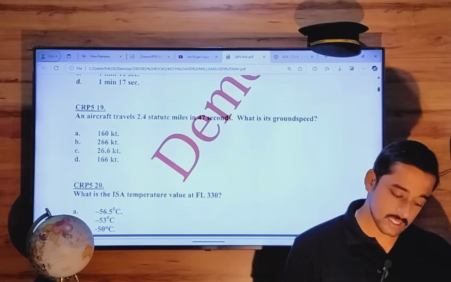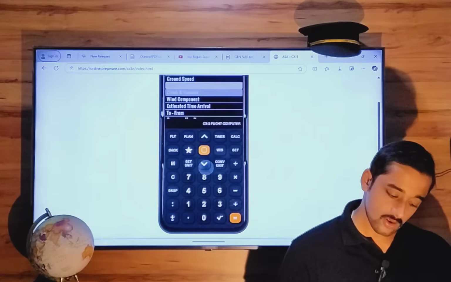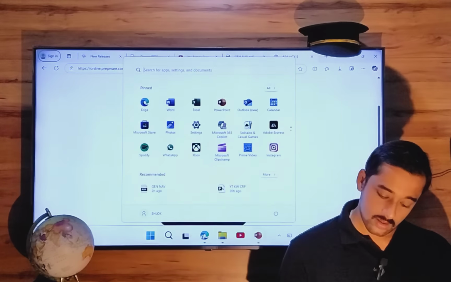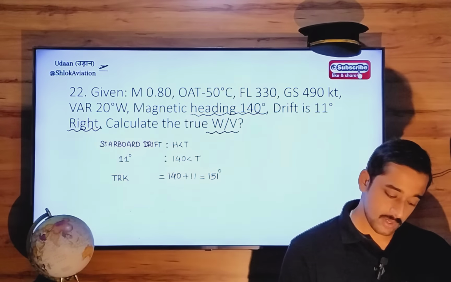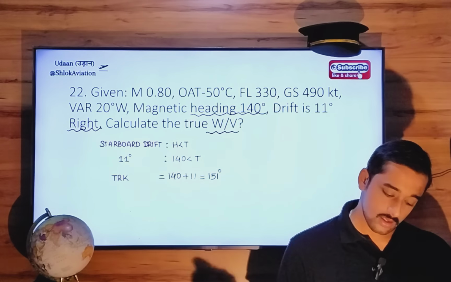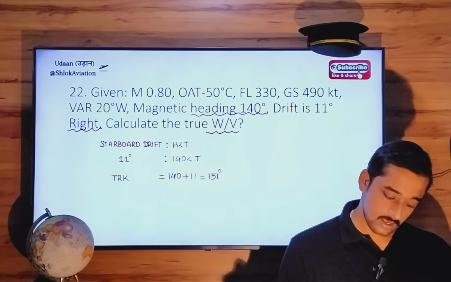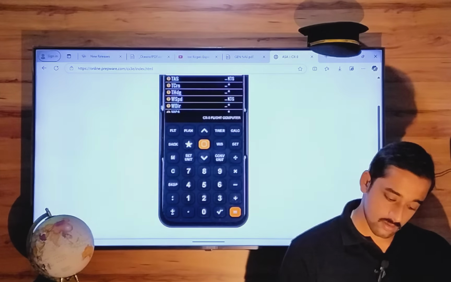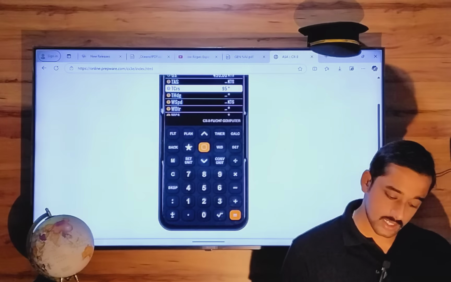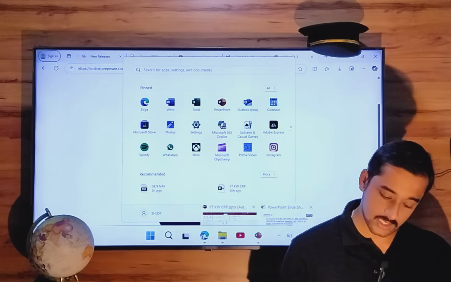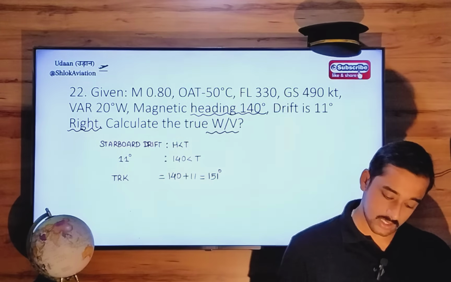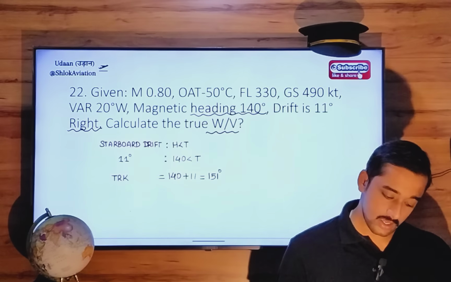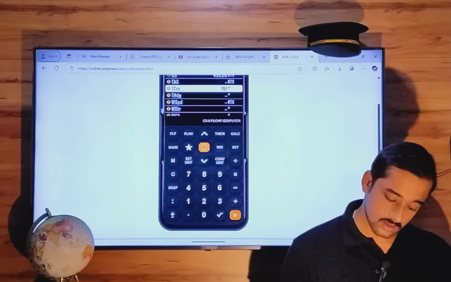Substitute these values in the CX3. So ground speed 490. We may also need TAS here. True course is 151. Heading is 140.